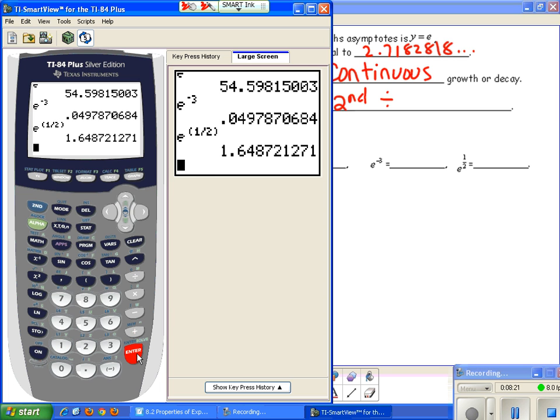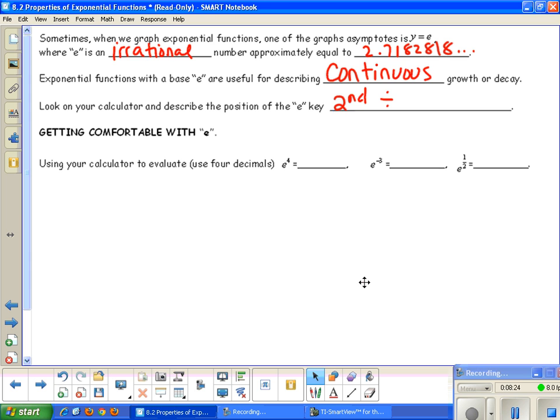We're going to round to 4 decimals when we put this on our sheet. So the first one we had was 54.5982, and 0.0498, and the last one 1.6487.